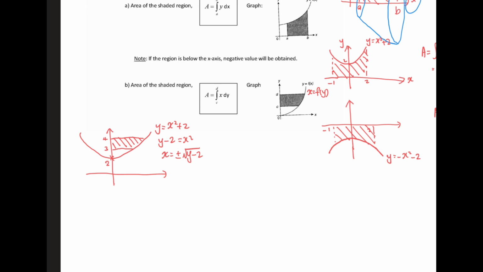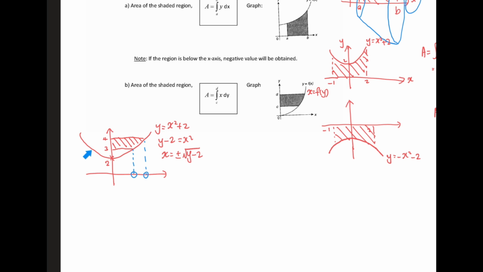You imagine this particular point, which is here and here, the x values are positive. See, these x values are positive, and then you take positive square root.